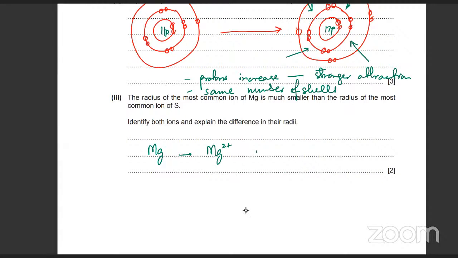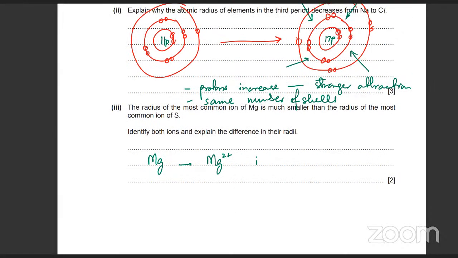Because it ends up losing its outer shell electrons, which is why it's smaller in size. Sulfur, why is it bigger? Because it instead gains electrons.